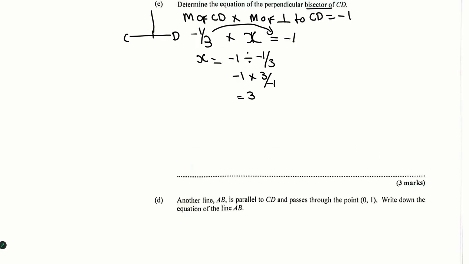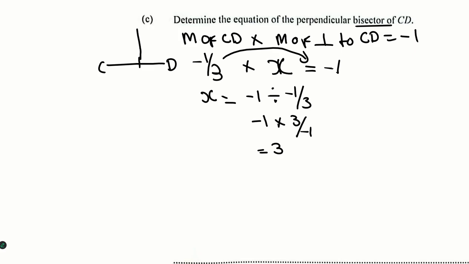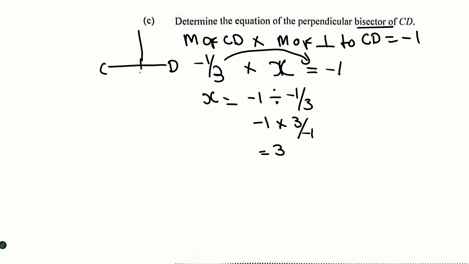So the perpendicular bisector would intersect line CD at the midpoint, which is 1, 4. So x is 1 and y is 4. So we would be using gradient equal to 3 and 1, 4 to find the equation of our perpendicular bisector.